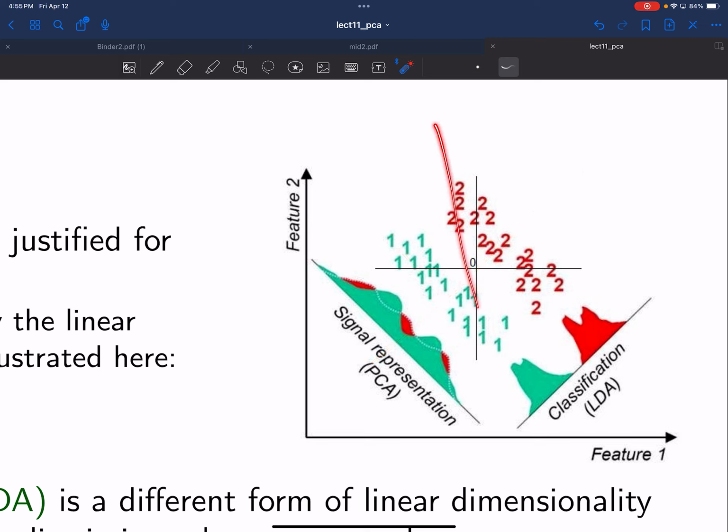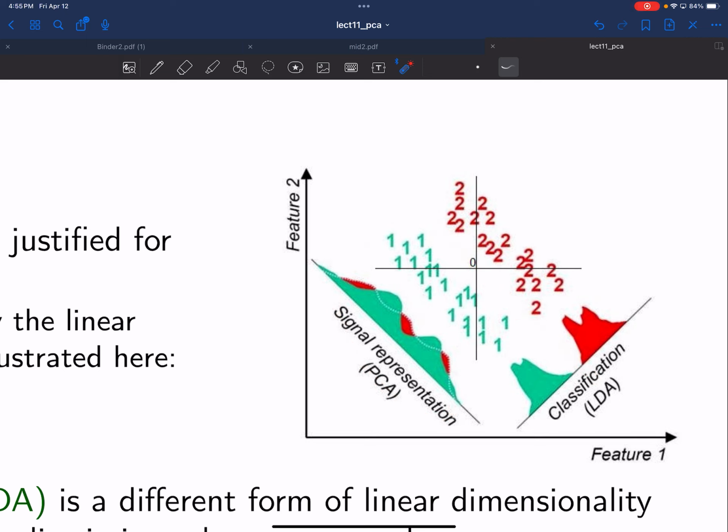And if I turn it some other way, they're longer too. So it turns out PCA will want to put the subspace here. And then all these points will be approximated along that subspace. And look what happens, the 1s and the 2s all collapse onto that single line, and you can no longer tell them apart. It's no longer linearly separable. Kind of looks like this.